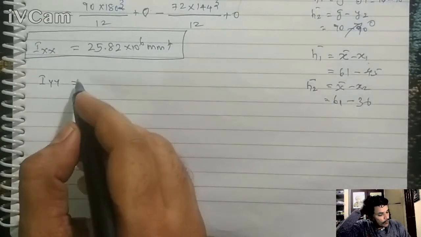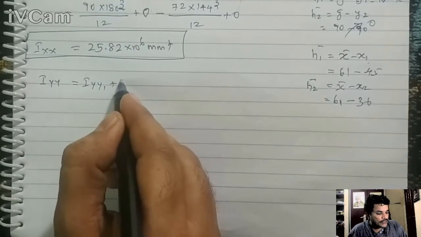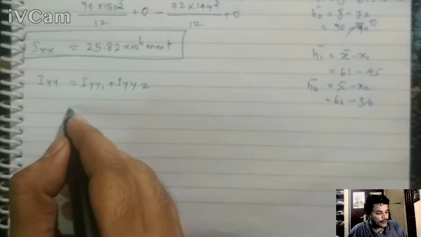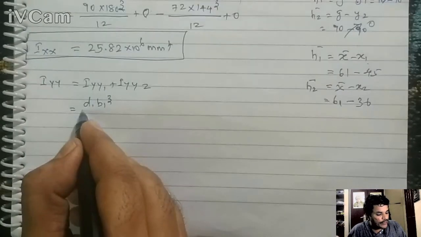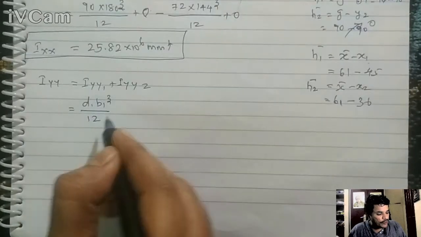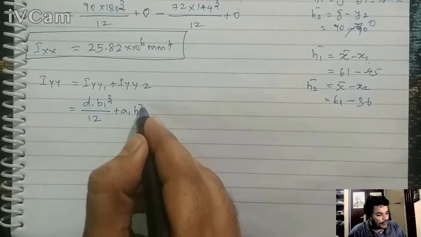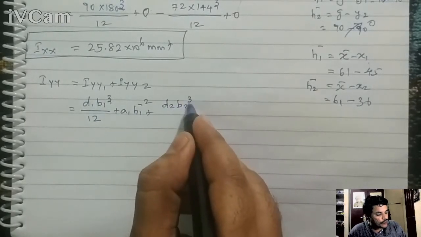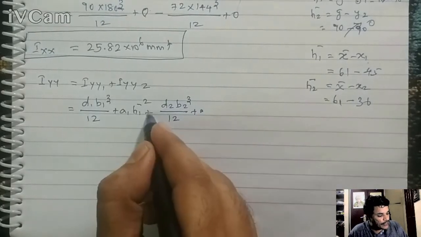So now I am going to write IYY1 plus IYY2. IYY1 is D1 B1 cube divided by 12 plus A1 into H1 bar square, then D2 B2 cube divided by 12 plus A2 into H2 bar square, with a minus here.